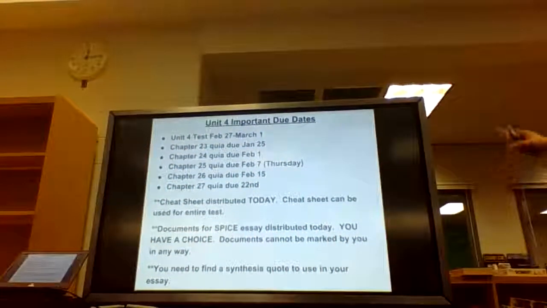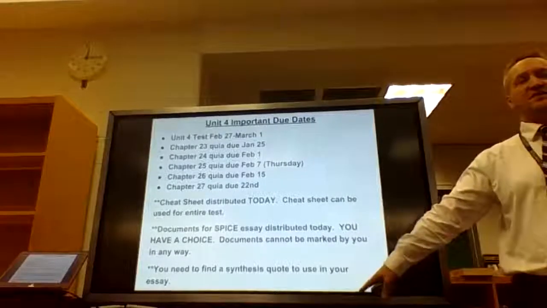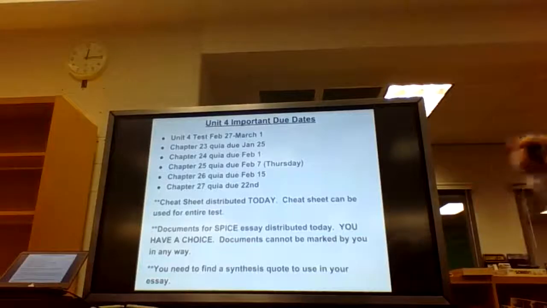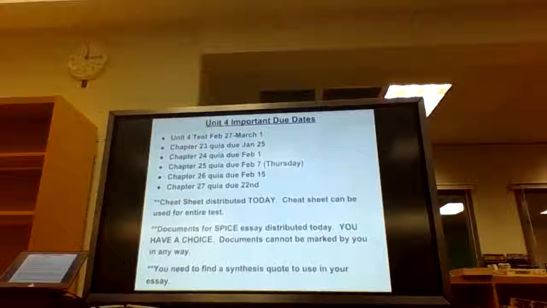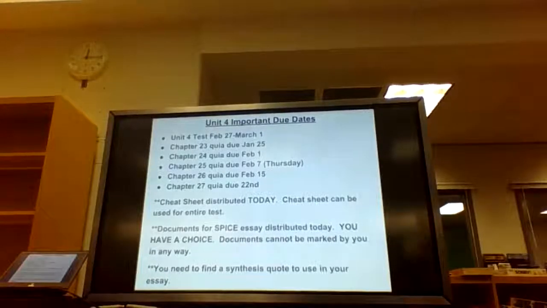The last thing I'll mention on this page is you do need to find a synthesis article related to your essay topic for your Blue Book essay. I would suggest you wait on that until you decide which topic you want to address. The first one is very much an economic based essay.